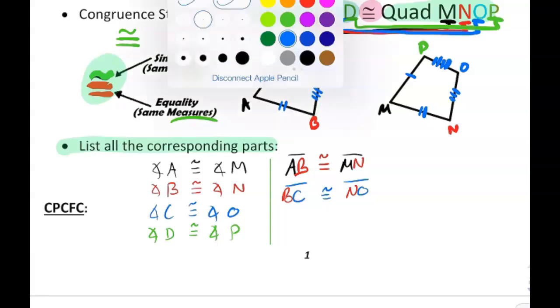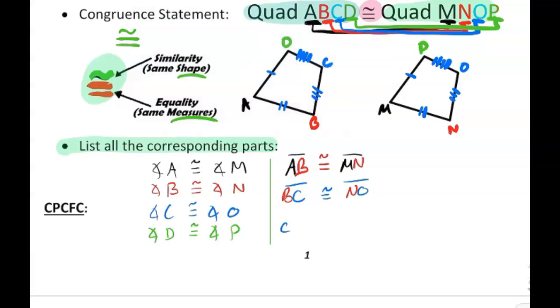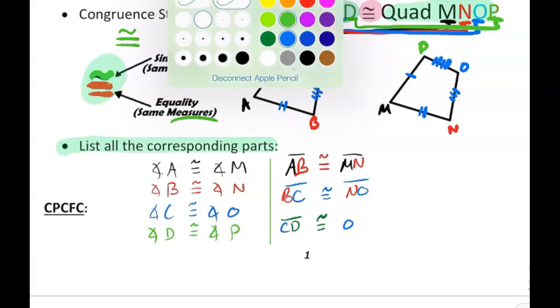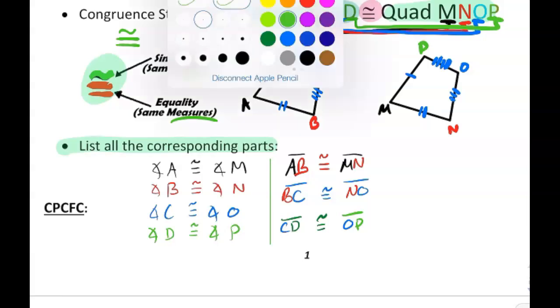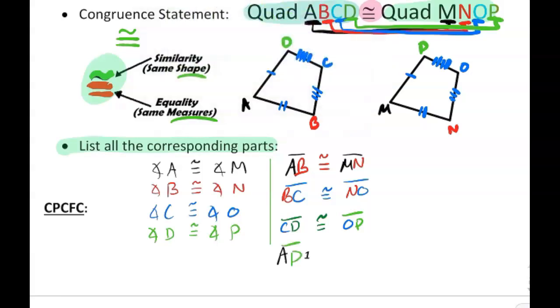And then we're going to start with C and go the other way. CD is congruent to OP. Right, because the top here, this side and this side are congruent. They map onto each other. They are identical twins. And then to bring it back to the beginning, you can say AD is congruent to MP.